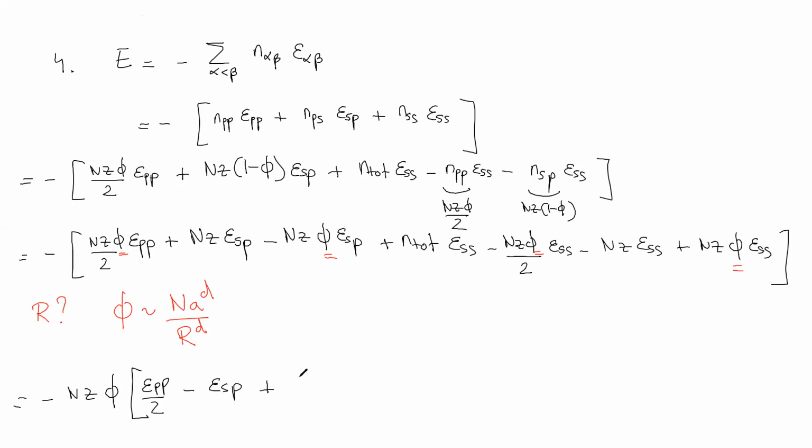I have plus epsilon SS over 2. And the final one is, no, sorry, again, it's a minus. I'm tired today. All right. Then plus NZ phi epsilon SS. All right. Did I miss something here? No, it seems correct. Okay. Plus a constant term with respect to R.